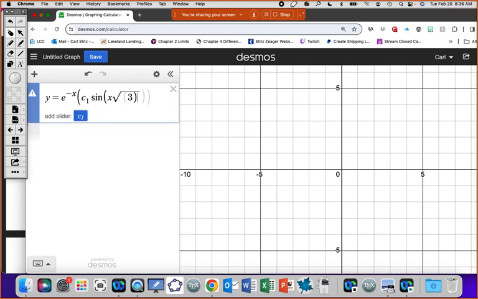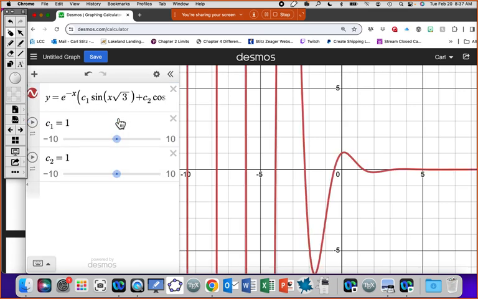So you just type that on in. Gets a little persnickety there. Plus c2 cosine x square root 3. And we'll put sliders in, to see what's going on here.